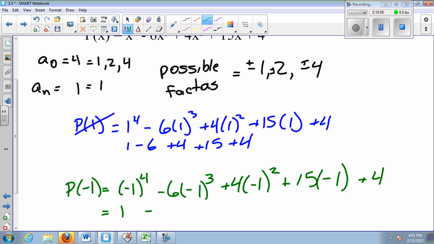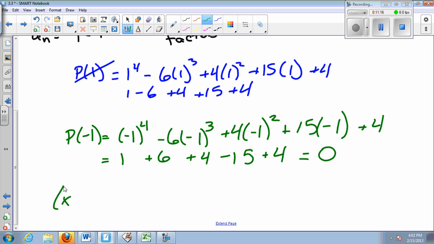We get 1 plus 6 plus 4 minus 15 plus 4. 1 plus 6 is 7 plus 4 is 11 minus 15 is negative 4 plus 4, and it goes to 0. So x minus 1 is a factor.